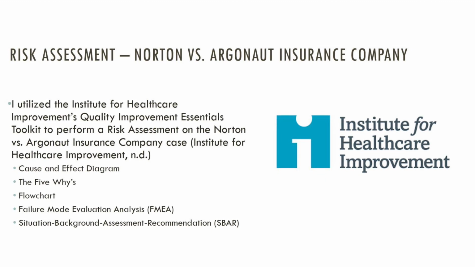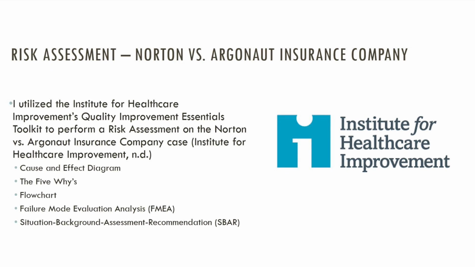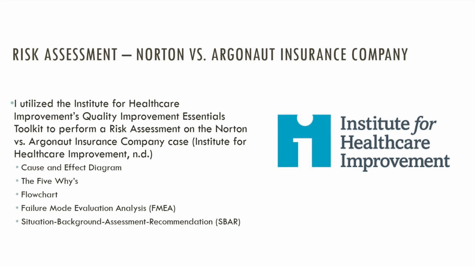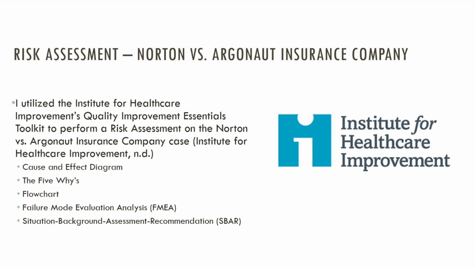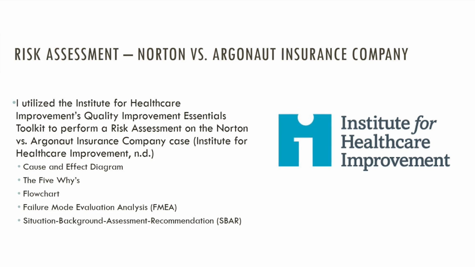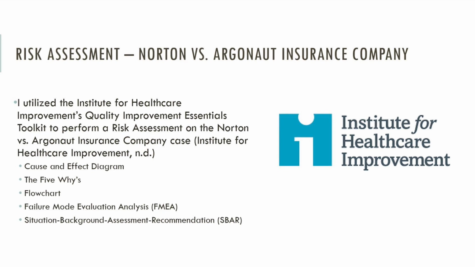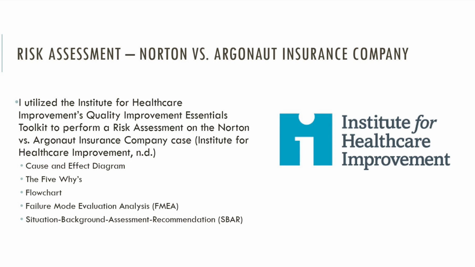I enjoyed how IHI put this toolkit together. It was very user-friendly and gave really good detail for the students to complete. I would definitely refer back to this institute for further resources in the future when performing a risk assessment.